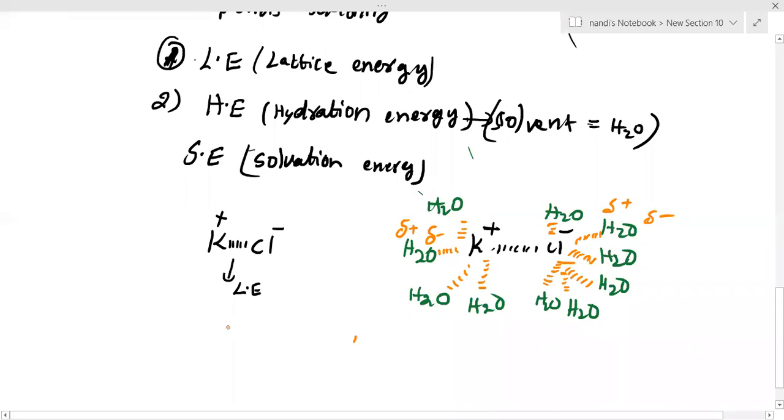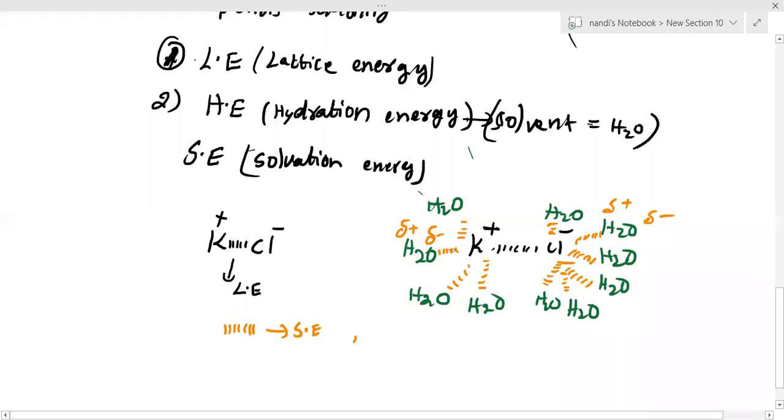This dotted line is the solvent attraction you can take, and the black color I have given is lattice energy. Is it clear? Any doubt here? If the black color, which is lattice energy, is more than this orange color attraction, meaning the black attraction is stronger than orange, then that won't be dissolved.